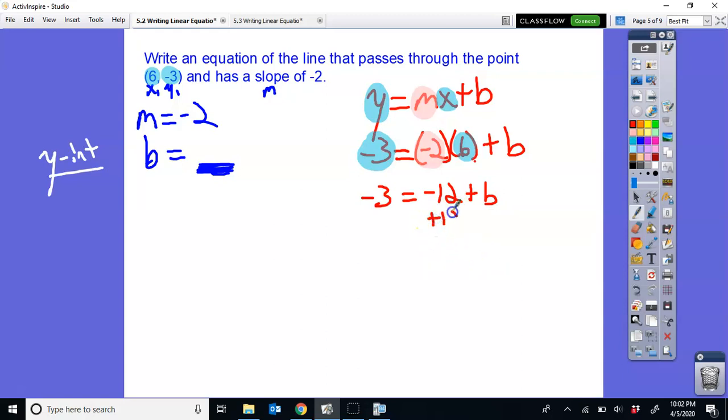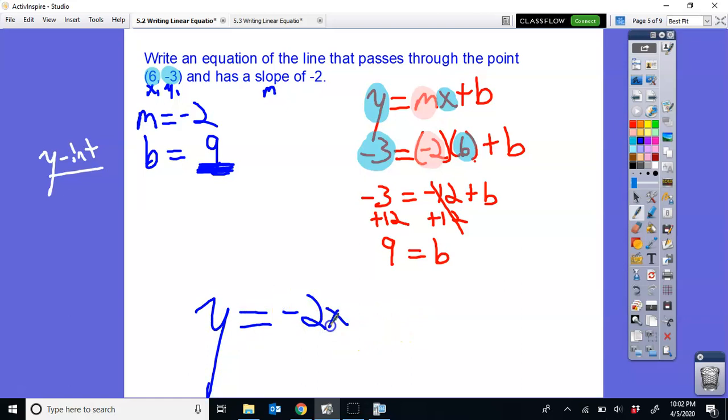I can add 12 to this side, add 12 to this side, and my b value, because this cancels out, equals -3 plus 12, which is 9. So now I know that b is 9, my m was -2, and so now I can actually write my equation: y equals -2x plus 9.